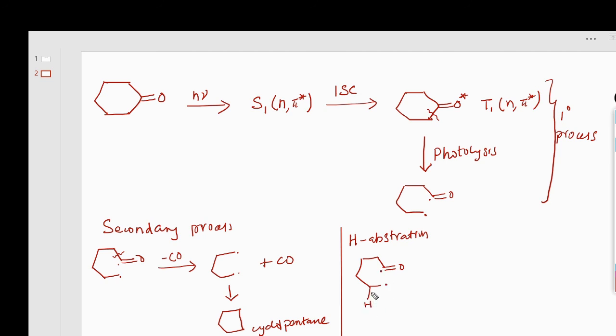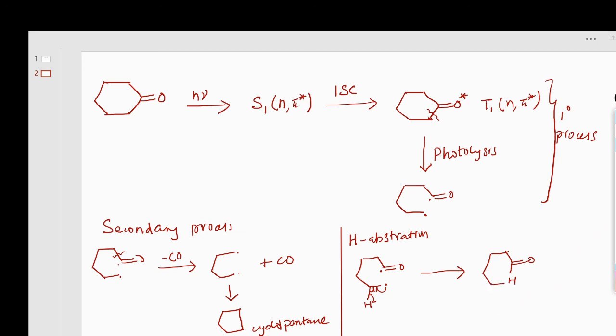It means hydrogen atom. So I break this bond in a homolytic manner, and this radical can come here. So a double bond will be formed between these two, and this hydrogen will be abstracted by this carbon. So what do you get? This hydrogen will be attached here, and here double bond would be formed.